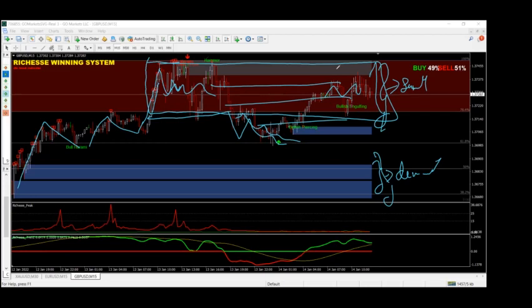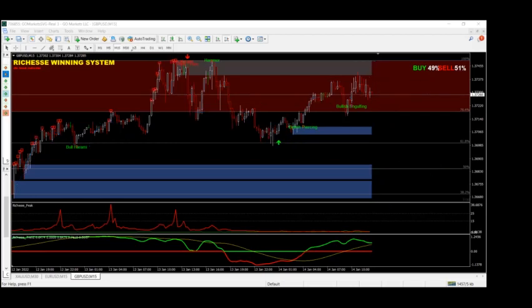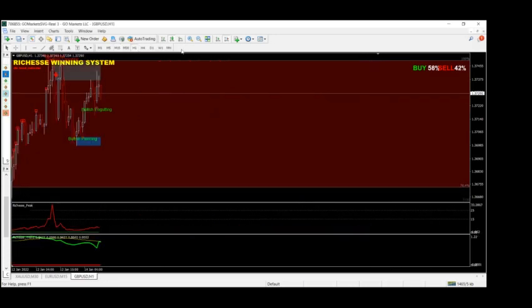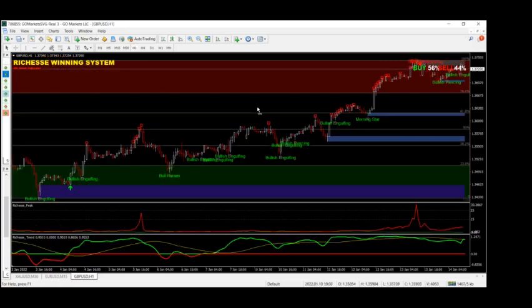Wait, I will change this time frame. Now suppose I've changed this time frame. Now you can see the demand and the supply area. Okay. Now let's change to another time frame.